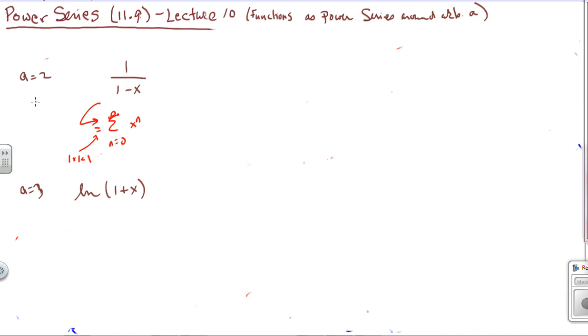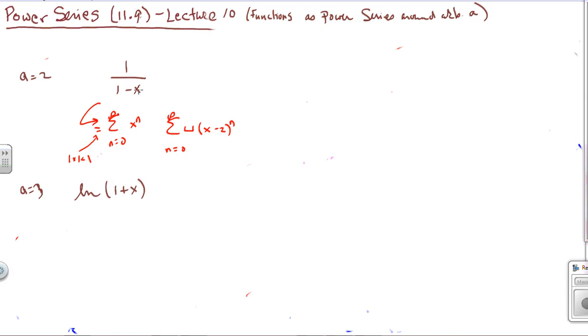However, I want to expand it around a equals 2. So I actually want it to look something like the sum n equals 0 to infinity of some a sub n times x minus 2 to the n, and figure out what interval that's going to work on.